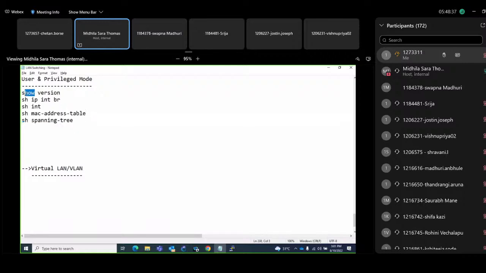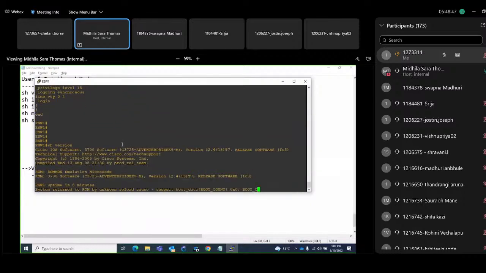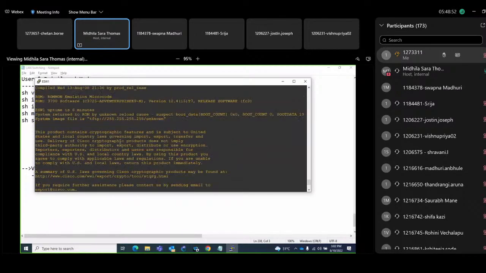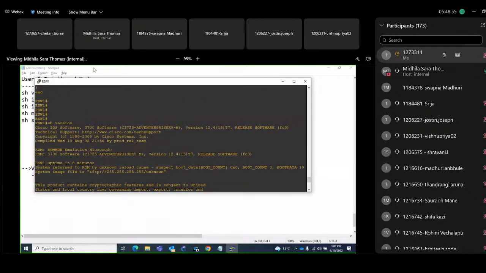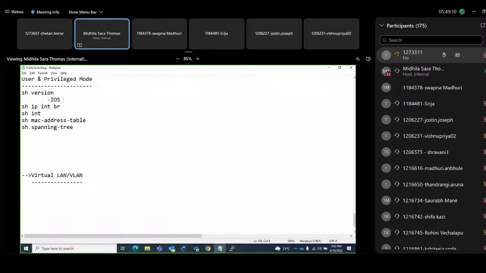Fine. Show version. If you are lazy, sh version. Let me go to my switch and give show version. What does it show, guys? Give me a basic idea. Show version shows what all things? This one, right? What is the version? 12.4. The IOS version. It shows the IOS version of the switch.